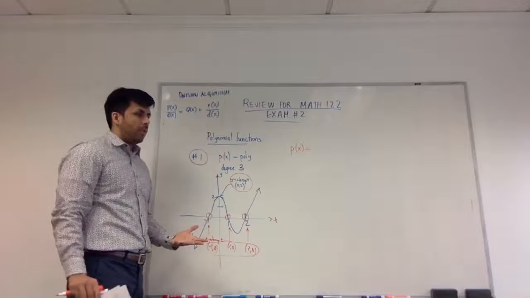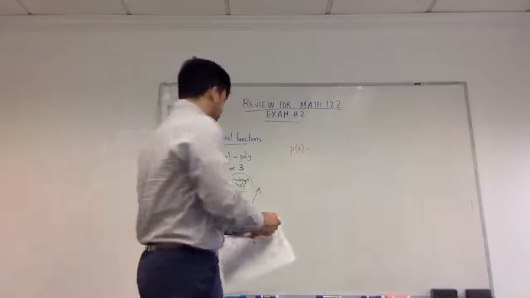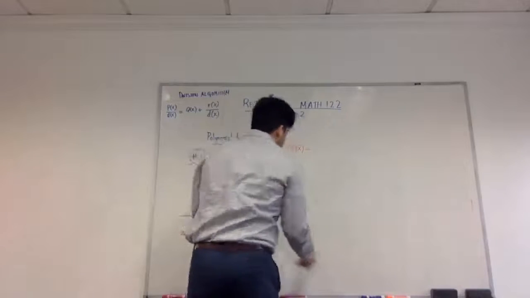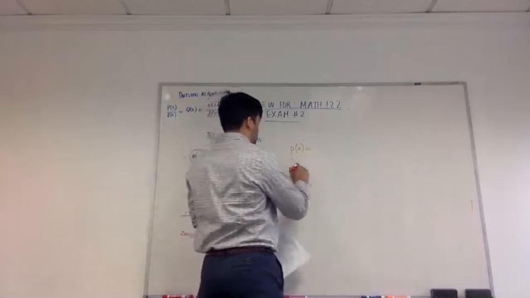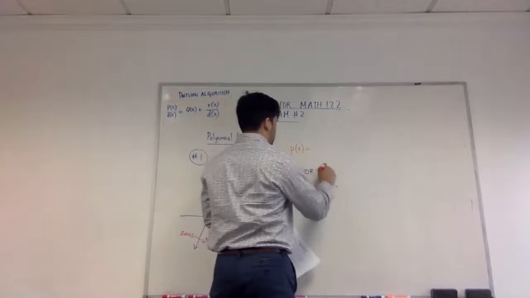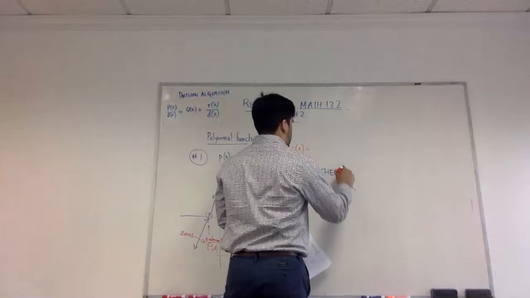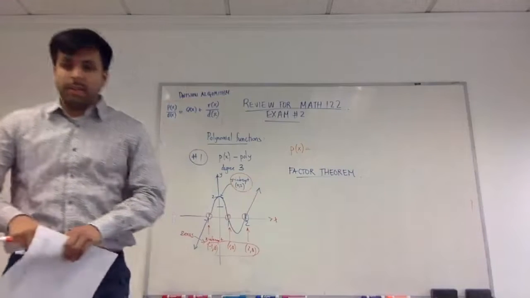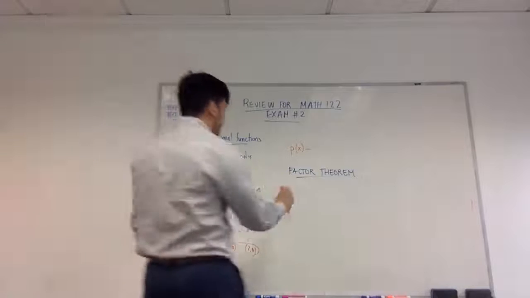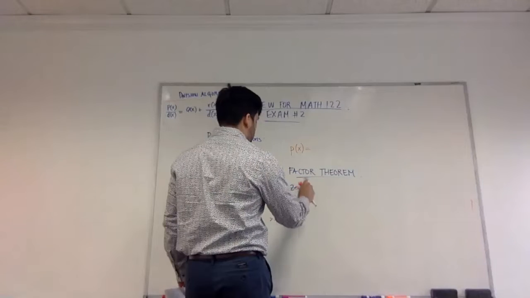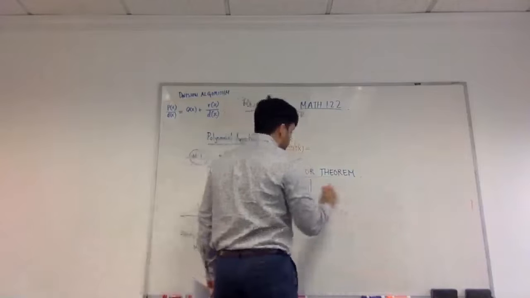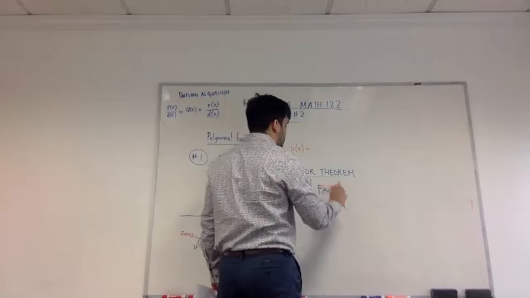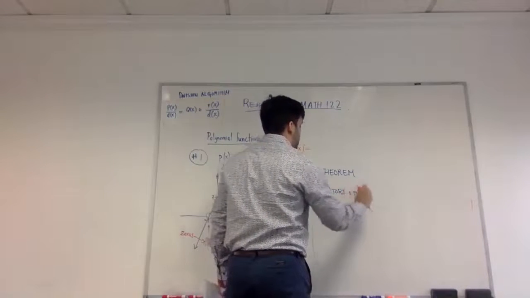That's why they're called the zeros. So we have to use what's called the factor theorem. The factor theorem states that if I have the zeros, I know the factors of p of x.